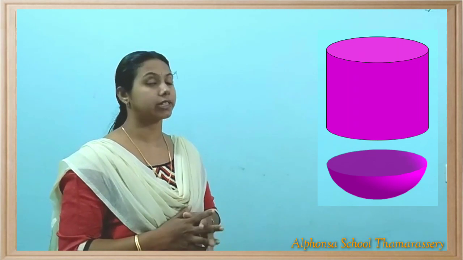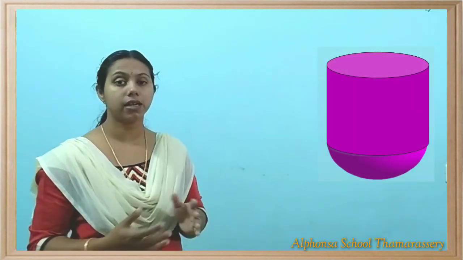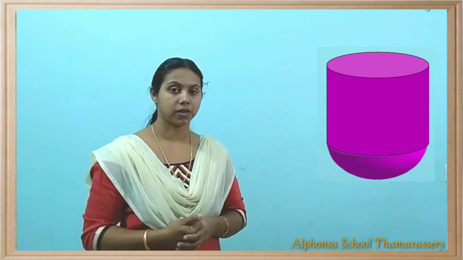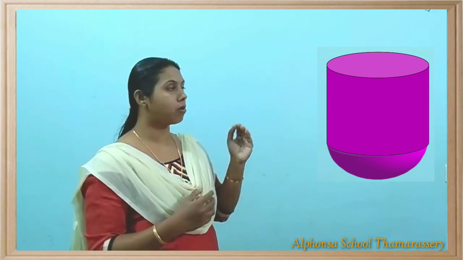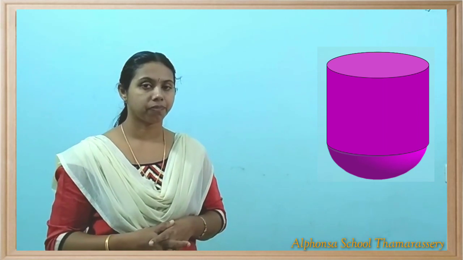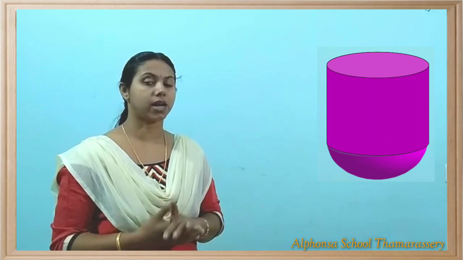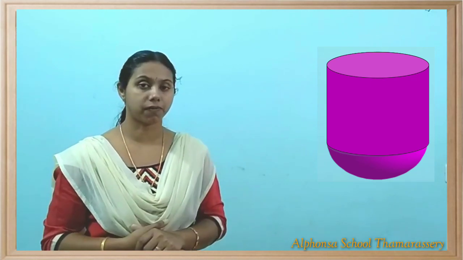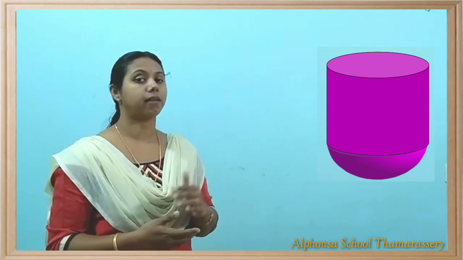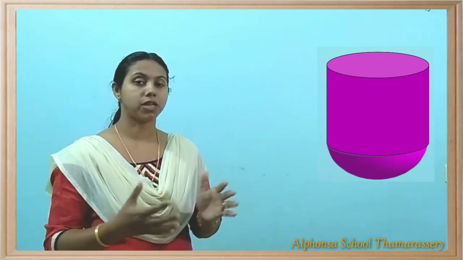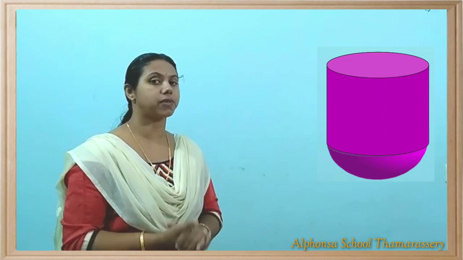We know how to find the curved surface area of a cylinder and of a hemisphere. Both have the same radius, so if you know the radius of the cylinder, it will be the same as the radius of the hemisphere. Using that we are able to find the curved surface area of each one. The sum of these two areas will be equal to the total surface area of the vessel.